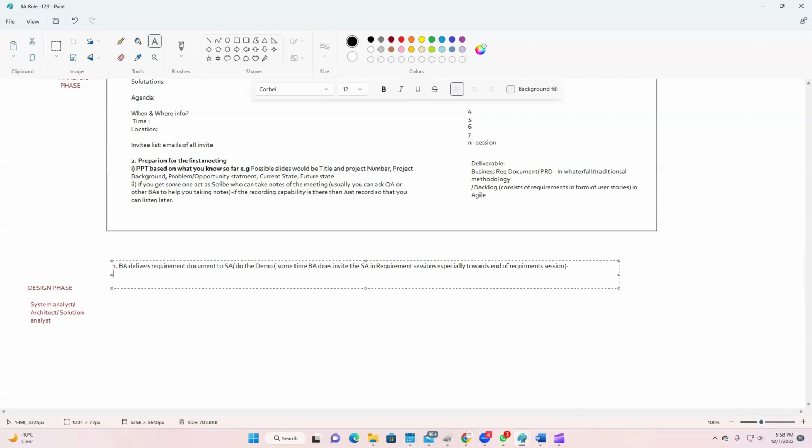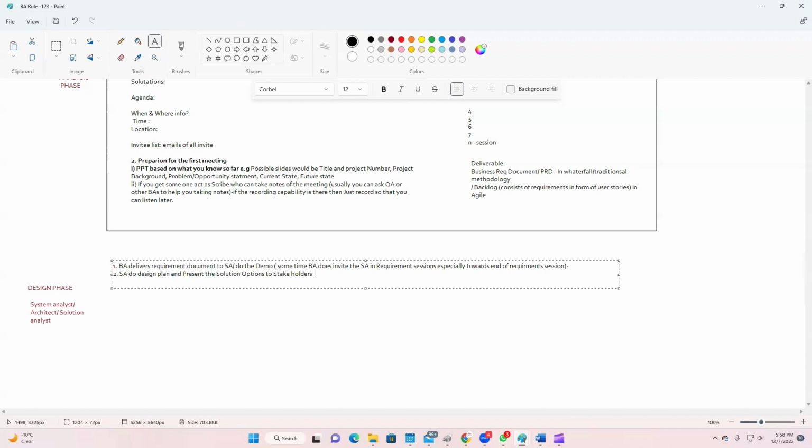Then the SA does the design plan and presents the solution options to stakeholders.